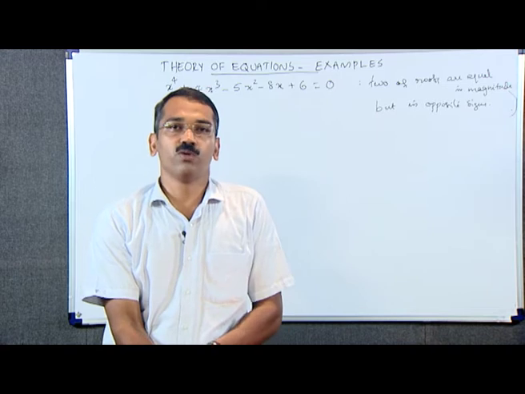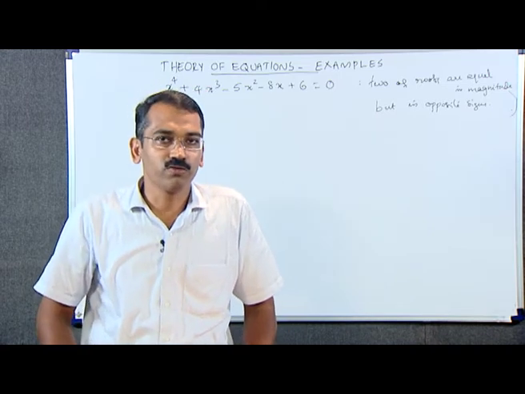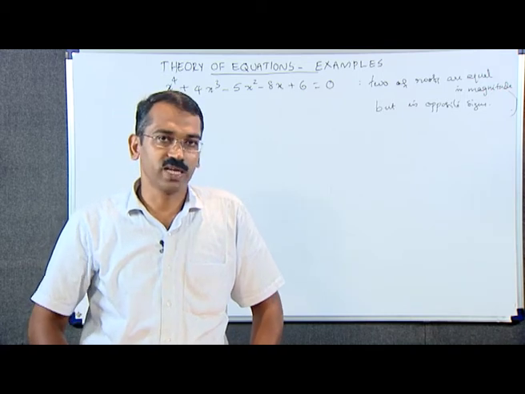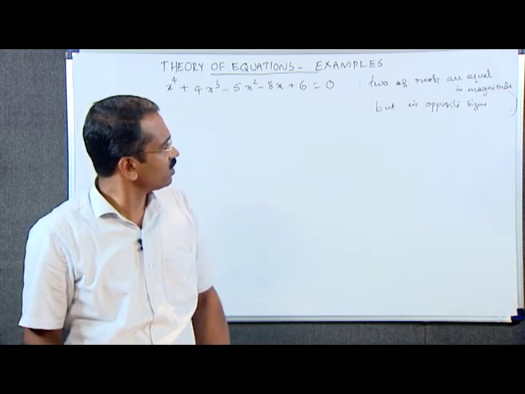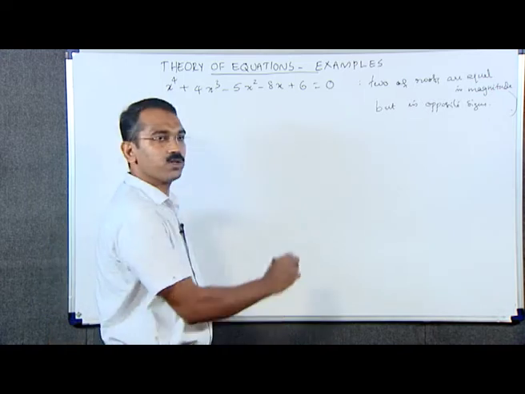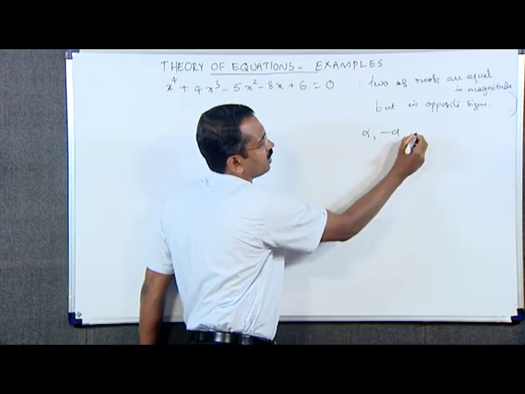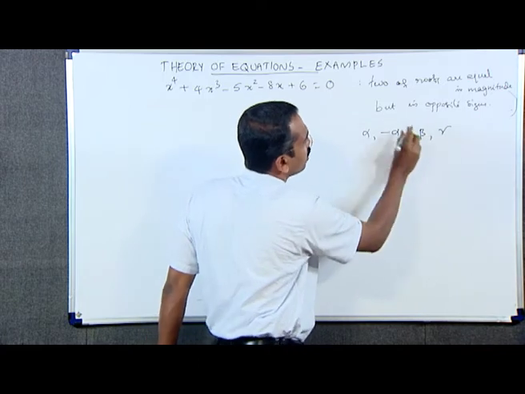Among the 4 roots, 2 of them are equal in magnitude but opposite in signs. Assume the roots are alpha, minus alpha, beta and gamma.